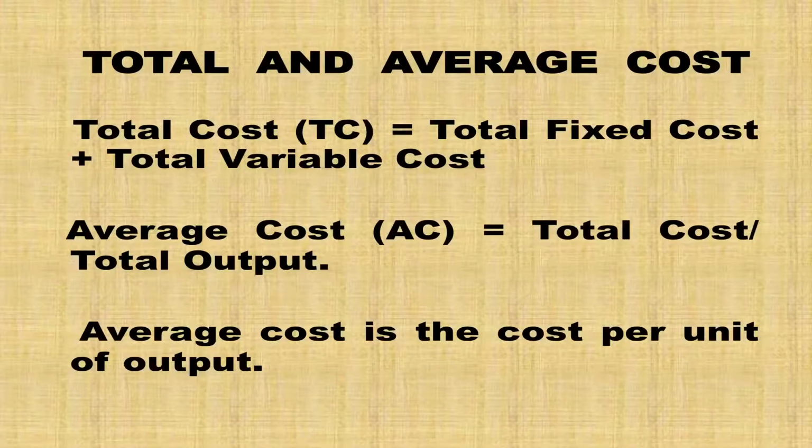This can be written as TC, which is total cost, equals to TFC, which is total fixed cost, plus TVC, which is total variable cost. Average cost can also be written as TC upon total output, or TC by Q. Average cost is also known as the cost per unit of output.